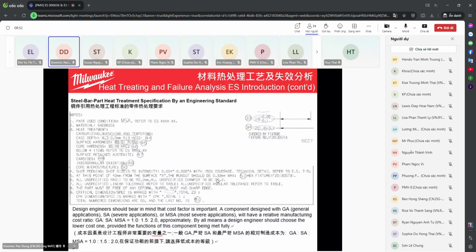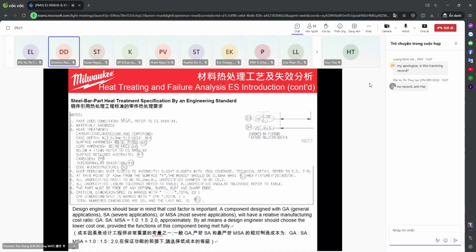And guys, please do pay close attention to this sentence: the below several items should refer to the ES standard. These requirements are not clearly or in detail explained on the drawing, but inside the ES standard. Please be aware that those requirements listed in the ES standards are quite critical and quite hard to meet.